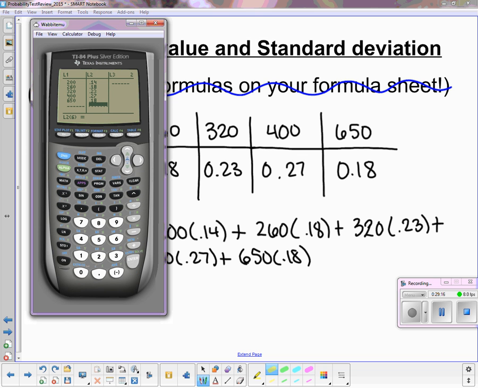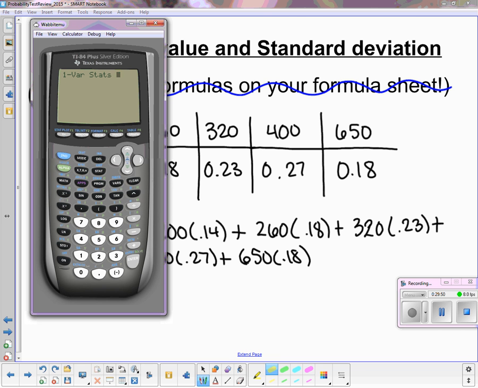Do you remember? Stat calc. Now don't do this really fast. I don't do 2 variable statistics because that's going to give me 2 different means. That's not what I'm looking for. I just want 1 mean. I do 1 var stats, but my operating system is older than yours. So I need everybody to, on their own calculator, do it because what you see on my calculator will look different. When I went to 1 var stats, I didn't get a menu. You do.